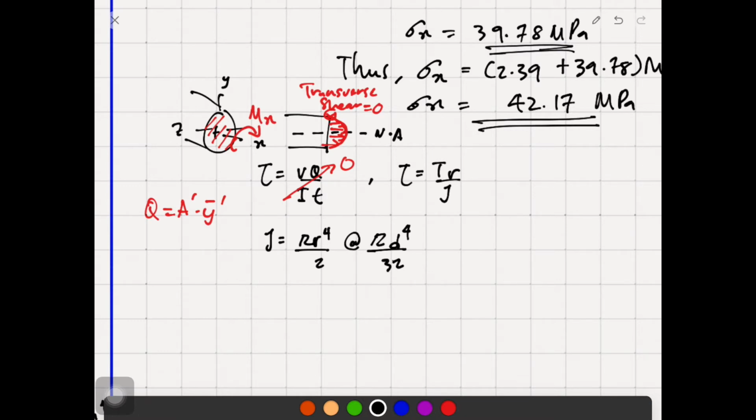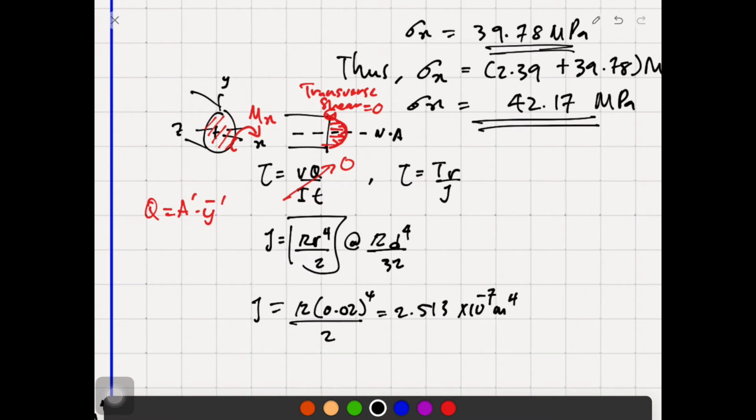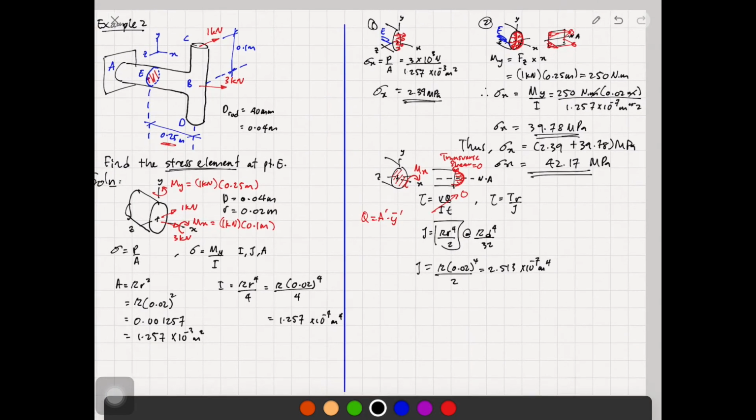But I'm going to use just this, right? This is pi times 0.02, to make it consistent with the previous solution. Then J is equivalent to 2.513 times 10 to the power of -7 meter to the power of 4.